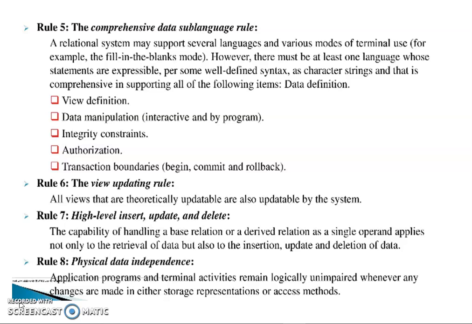The seventh rule is the high level insert, update and delete rule. In that, high level means multiple rows from multiple columns are affected by a single query. This rule states that the database must support insertion, updation and deletion.